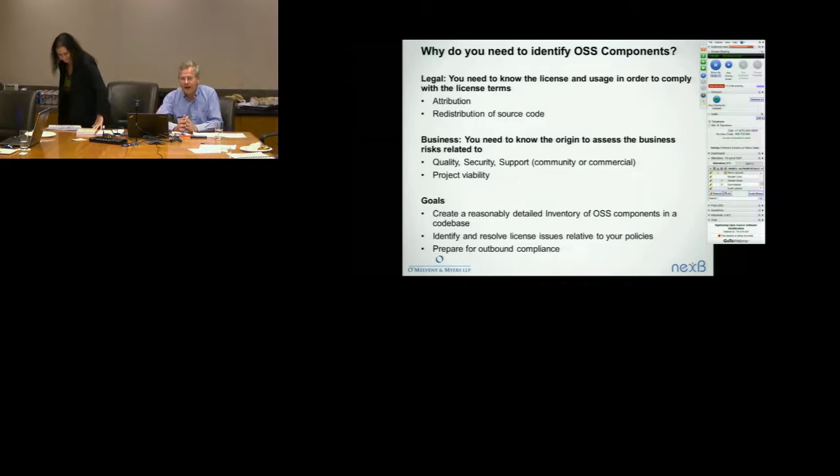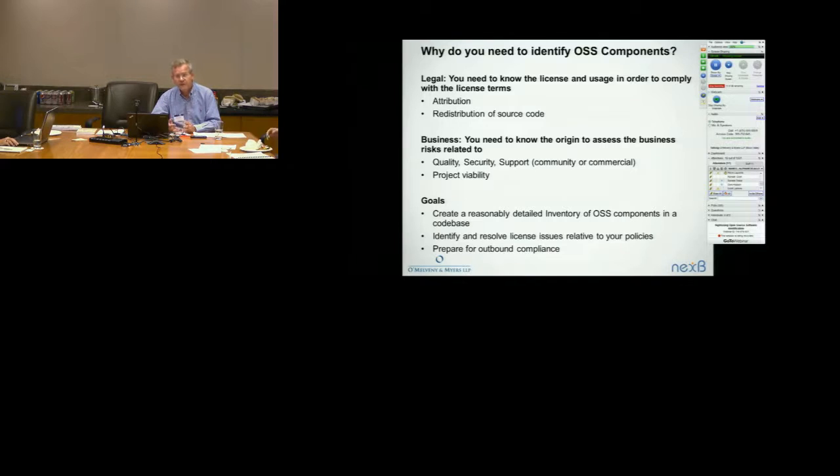So I hope that you all agree that ignorance is not bliss, and you need to be able to identify and know what the open source and generally any kind of third-party software is that you may include in your product or applications. Of course, there's a legal angle.